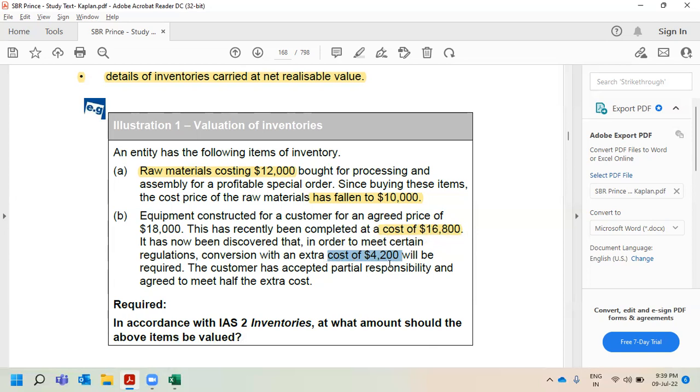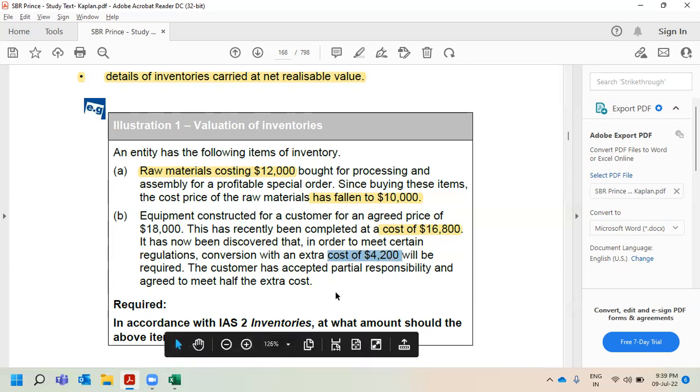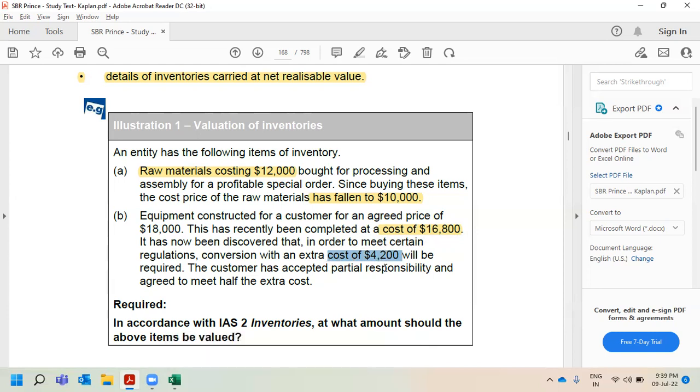The client and we will suffer it equally, so 2,100 will be suffered by the client and 2,100 by us.